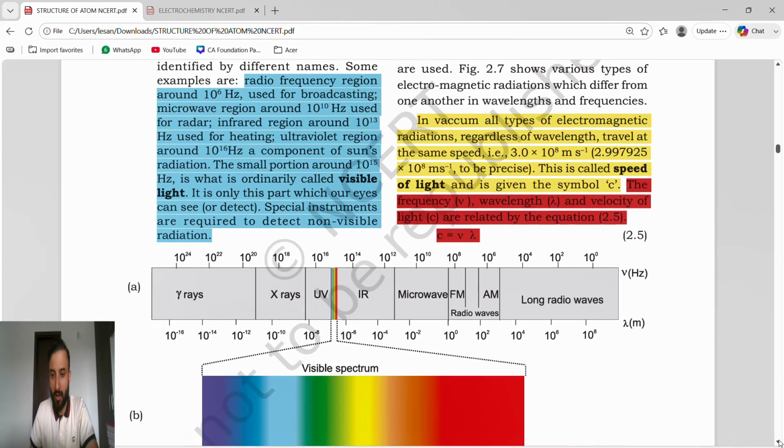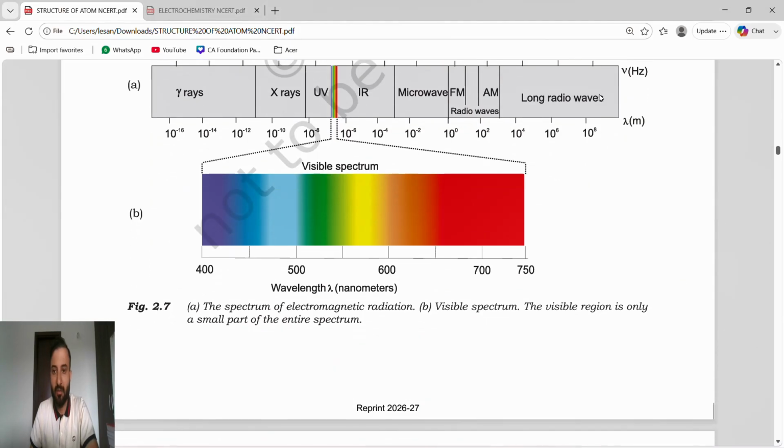See guys, these all, this long wave, radio wave, microwave, infrared, UV, X-rays, gamma rays, cannot be seen by naked eyes, but this portion is called the visible spectrum.